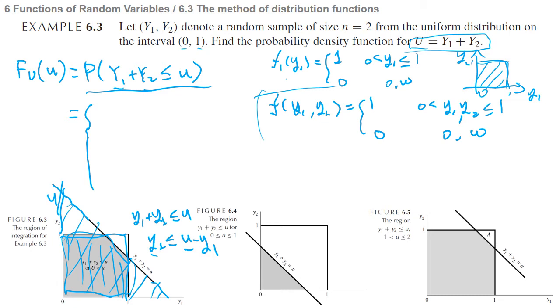So you should calculate this depending on the value of u. If u is less than 0, there's no intersecting area, so the probability is 0. If u is greater than or equal to 0 and less than or equal to 1, you integrate the density over this triangular region.